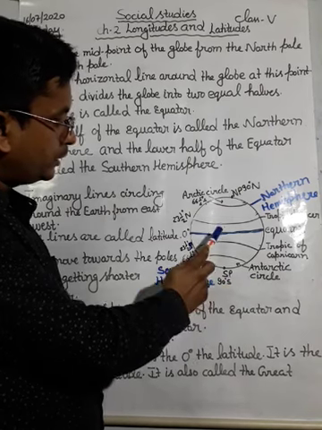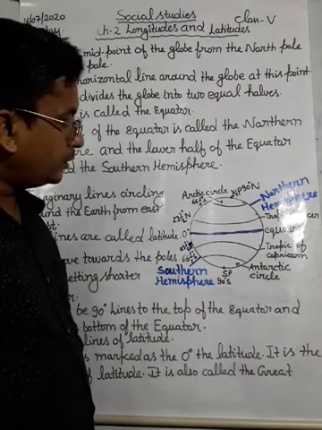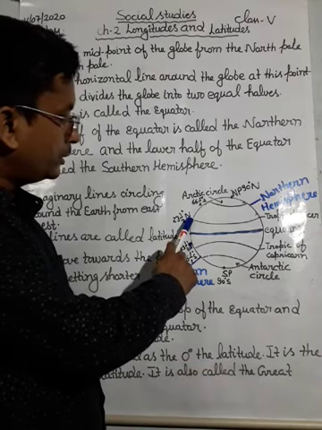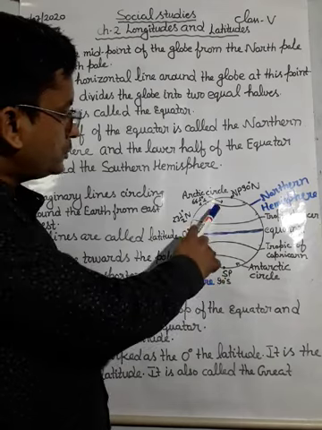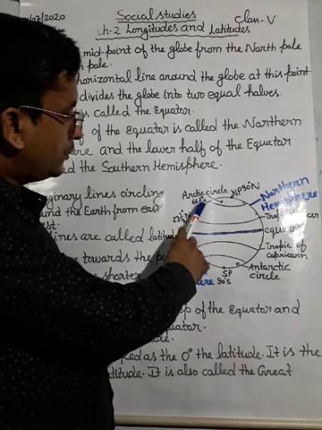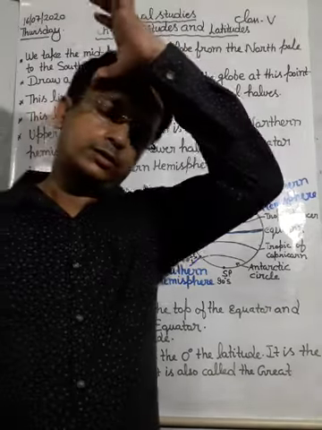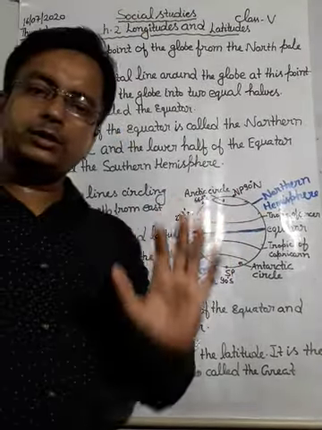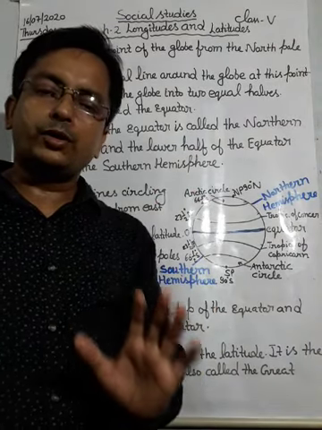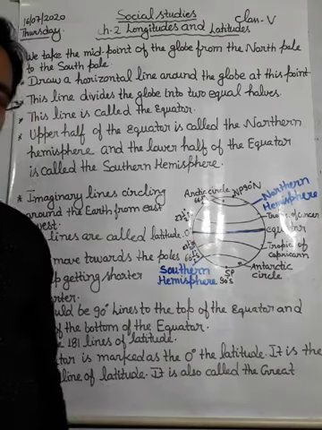When we talk about above the equator, 23.5 degree north is the Tropic of Cancer, and 66.5 degree north is called the Arctic Circle. So these are some other important latitudes on the globe that we have to study.